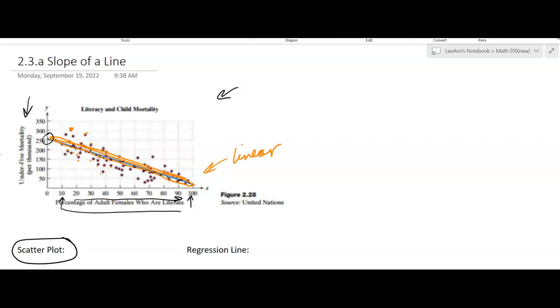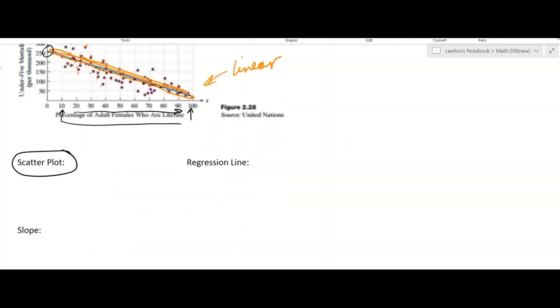And that line then represents a model of the relationship, okay? And that line is called a regression line, okay? So it's not perfect. In fact, most of the data points aren't actually on the line, but the line represents the model of what's going on, or the relationship.